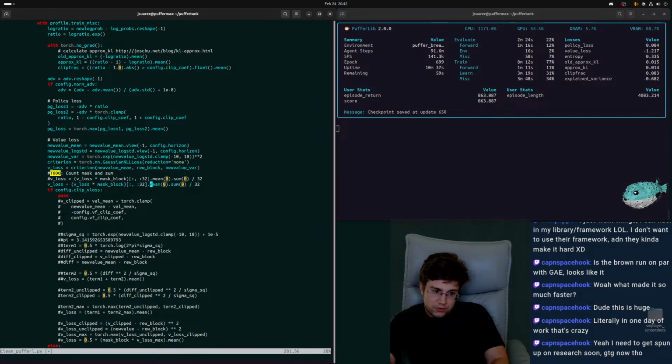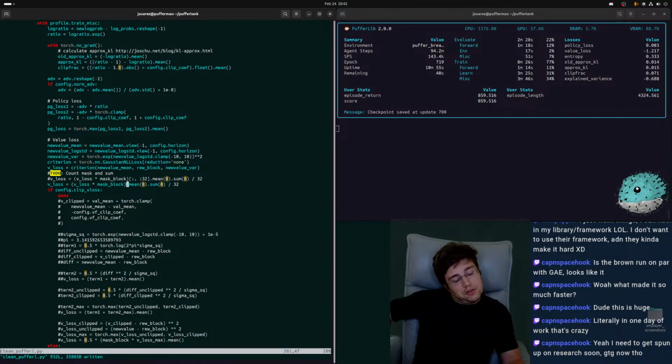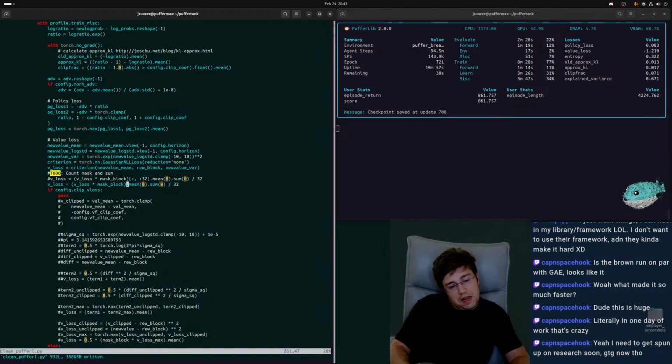And then we'll do, this will just be mean of 0 dot sum over 32. So we're gonna try this one. So this is gonna take the same scale and basically just assume that the last elements don't contribute anything. It's probably not a great assumption.